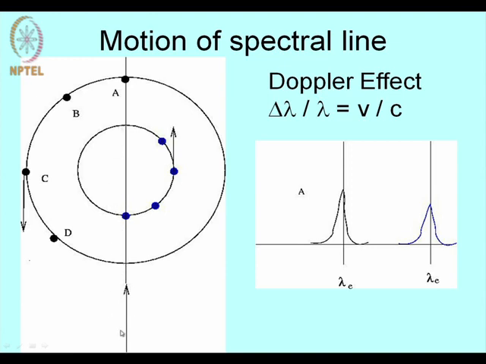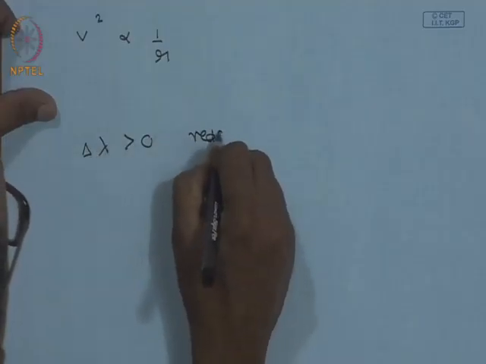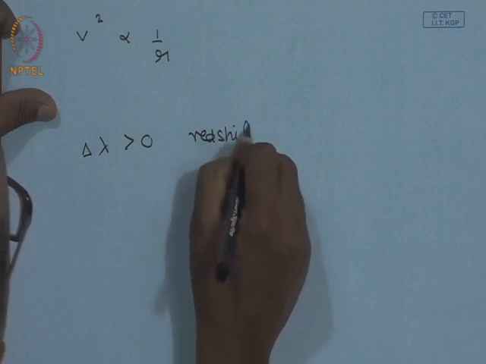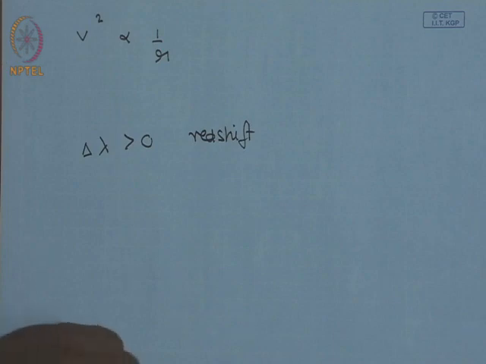So, it is only the component in this direction, and if the source is moving away from the observer, then the velocity is positive and there is a positive shift in the wavelength; the wavelength increases. This is called a redshift. So, delta lambda greater than 0 is called a redshift. This happens if the source is moving away from the observer.